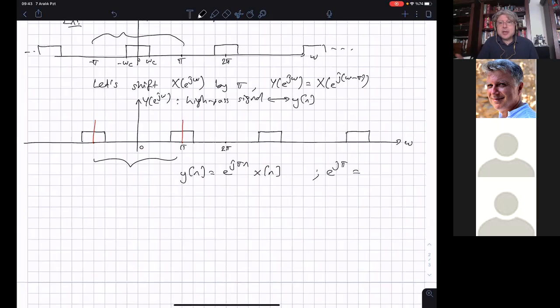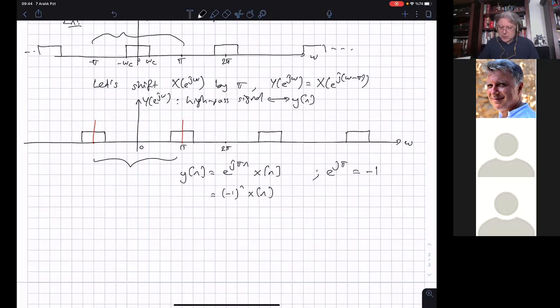E to the j 2 pi is 1, by the way, and e to the j pi is minus 1. In fact, e to the j 2 pi is e to the j pi squared, which is minus 1 squared, and that makes it plus 1. So e to the j pi is equal to minus 1. It's Euler's identity. Therefore, this is equal to minus 1 to the power n times x of n.